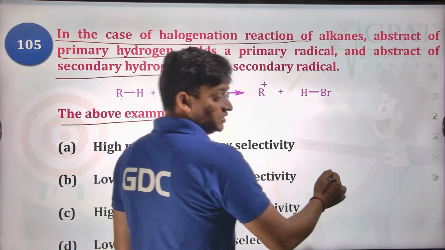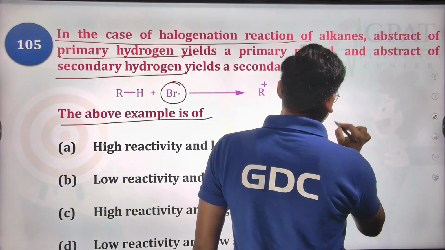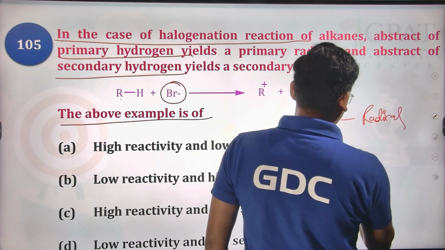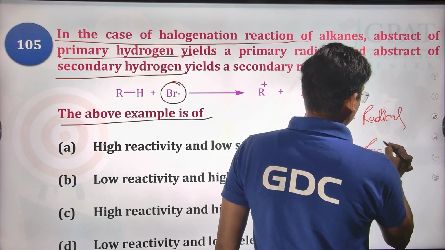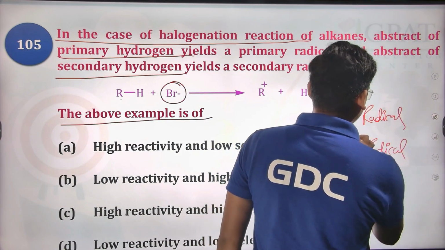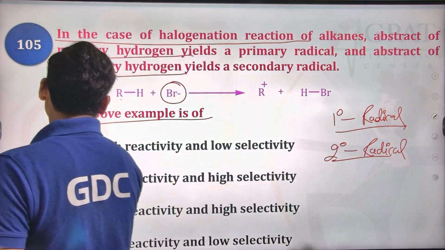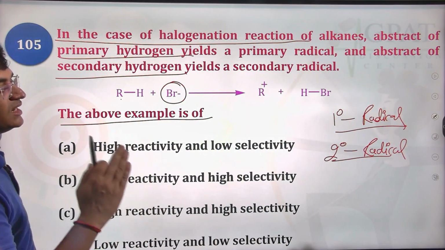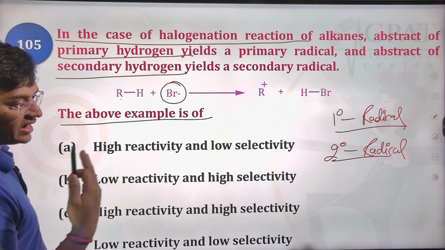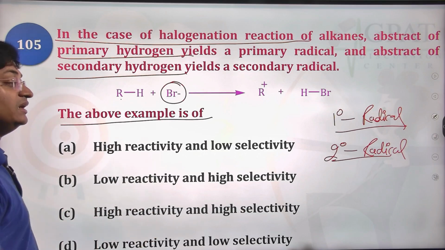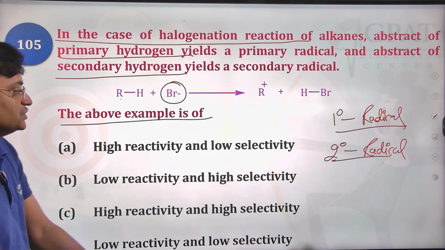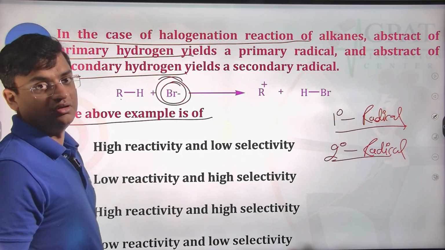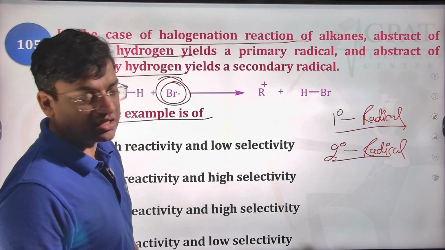For the formation of 1 degree radical and 2 degree radicals, what do you think? Which is more selective? Which is more reactive? So 1 degree shows the reactivity, while if we are abstracting a 2 degree radical, it is more selective in nature, since bromine shows selective kind of reactions more than reactive ones.